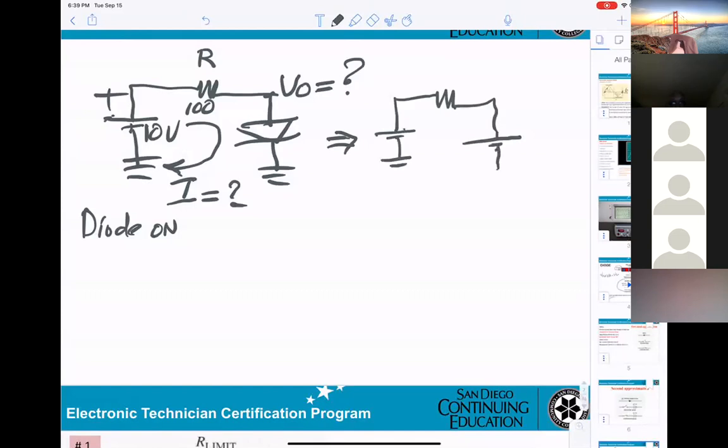That's what we already said. Battery positive here, negative here, the value 0.7 volt. And that will be R, 100 ohm. And that will be 10 volt.